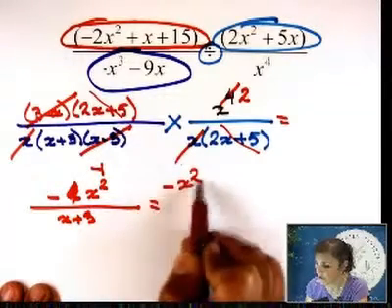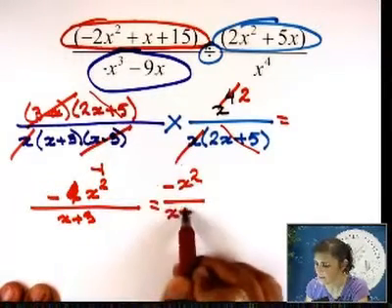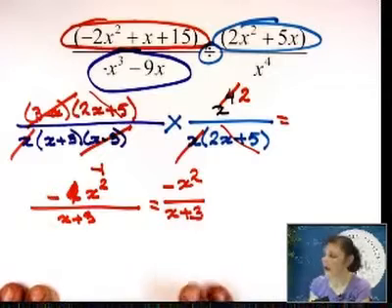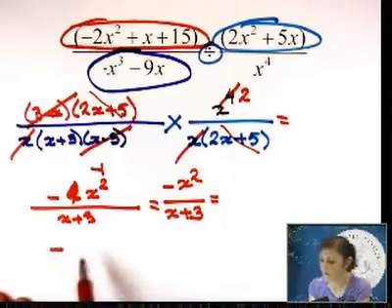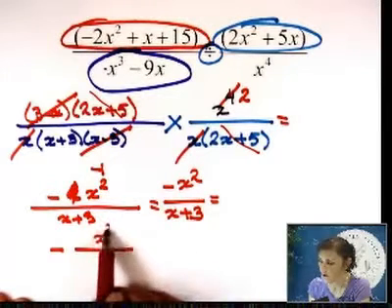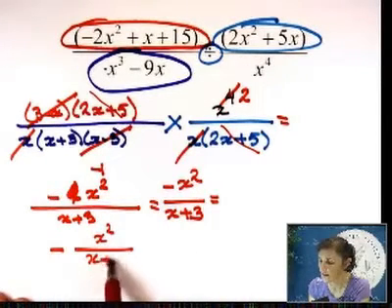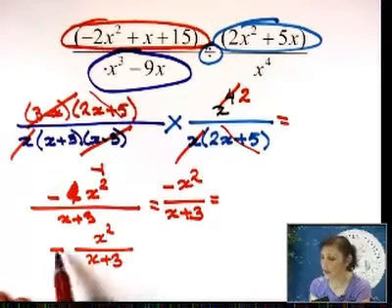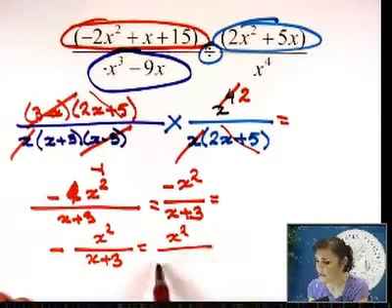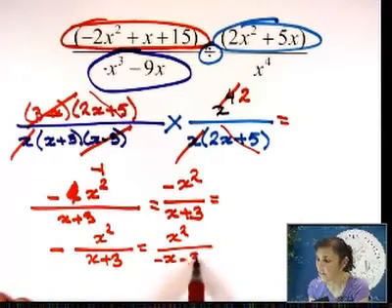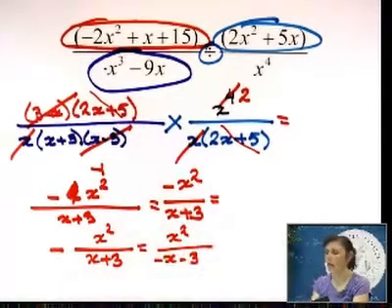Negative x squared over x plus 3. You can also put the negative in front of it. Or you can put that negative at the bottom. It does not matter. X squared over negative x, negative 3. Any of these answers, this or that, will be okay.